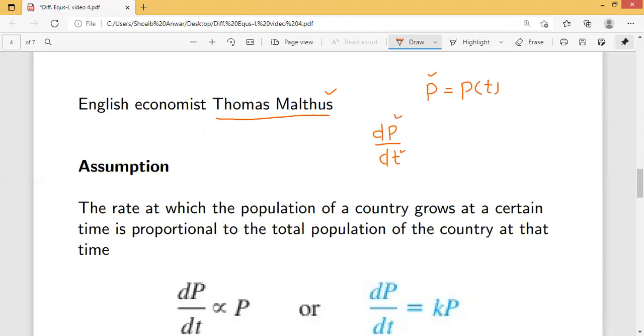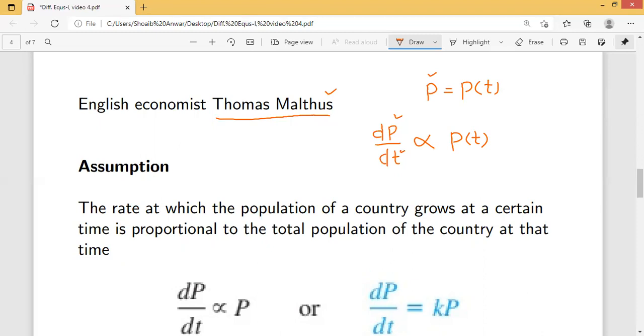The rate of change of population with respect to time is directly proportional to the population present at that time, in a certain country or a region under observation.